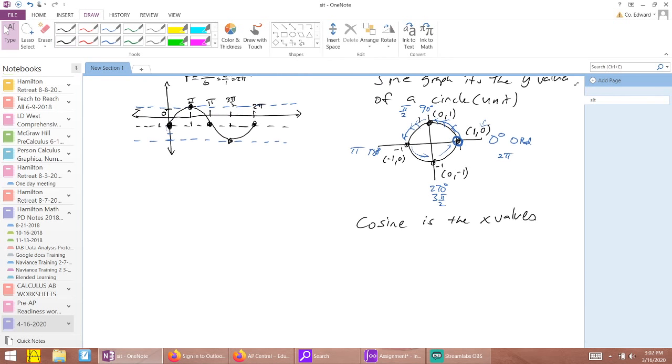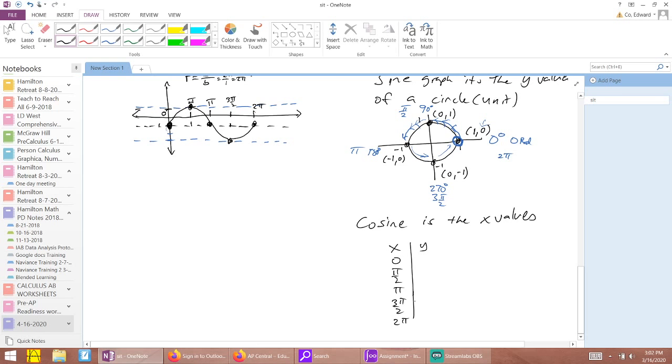So if they're the x values, let me go ahead and just draw this out over here: 0, pi over 2, pi, 3 pi over 2, and 2 pi.